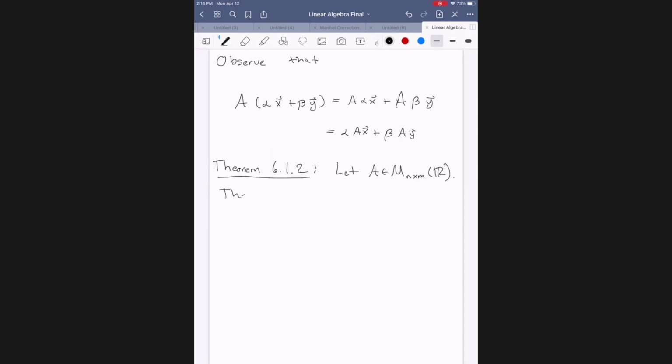Then L, which takes in a vector from R^m, defined as L of v equals A times v, is a linear transformation.